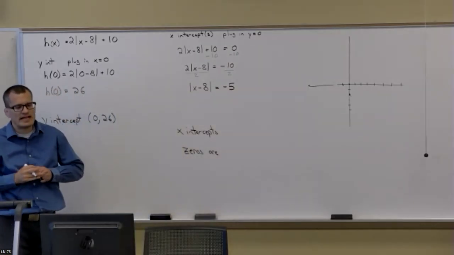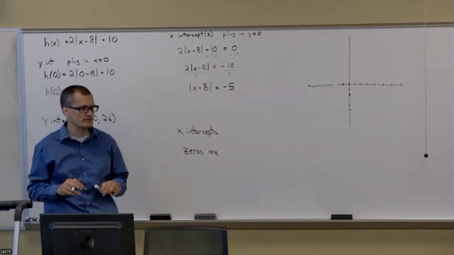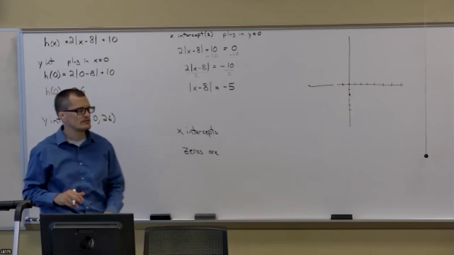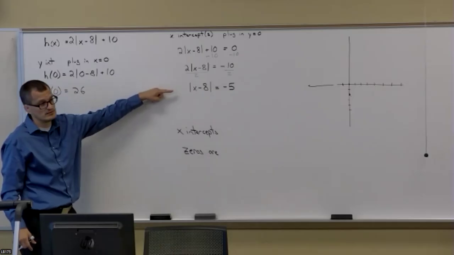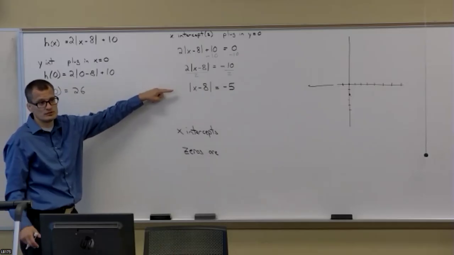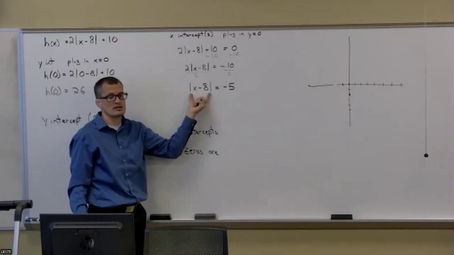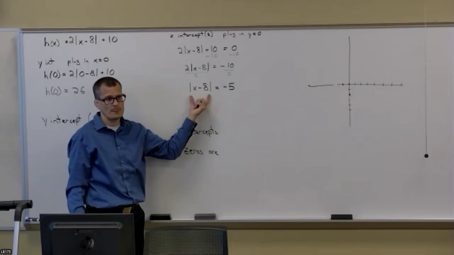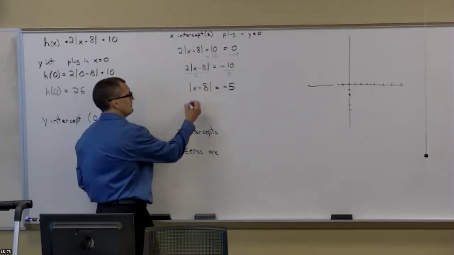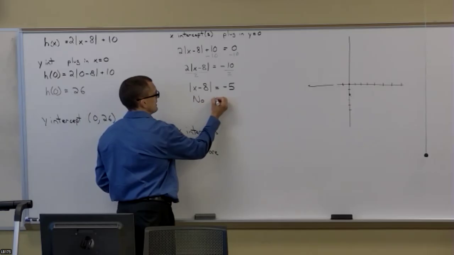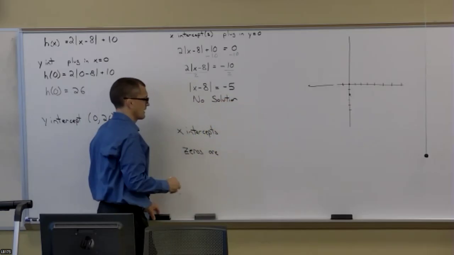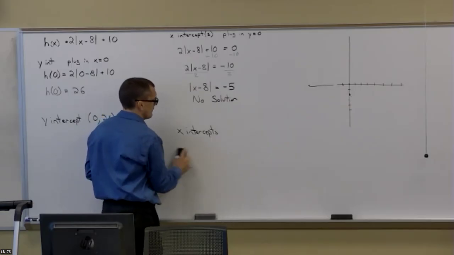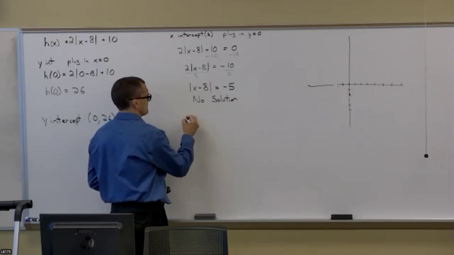Now, when we were solving absolute value equations last time, we solved things like this. What type of solution is this? No solution, right? The thing on the left is never going to be negative. It's always going to be positive or 0. So we have no solution for this equation. And that means there are no x-intercepts.